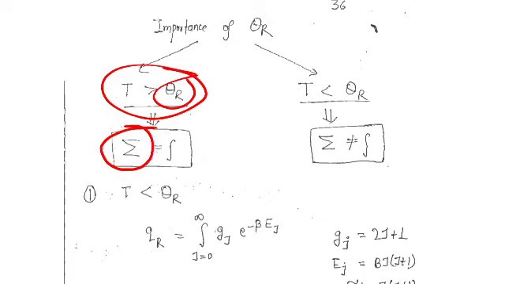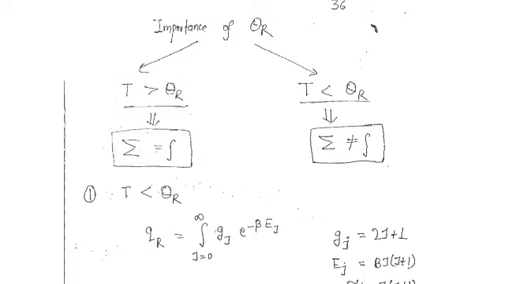Now in the second condition, where the temperature is less than theta r, if this energy difference is B, we are getting energy which is less than B. So summation cannot be equal to the integral, meaning all the energy states cannot be accessed, and if they cannot be accessed, then we cannot replace the summation by the integral.